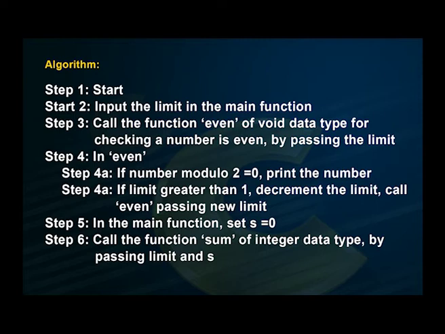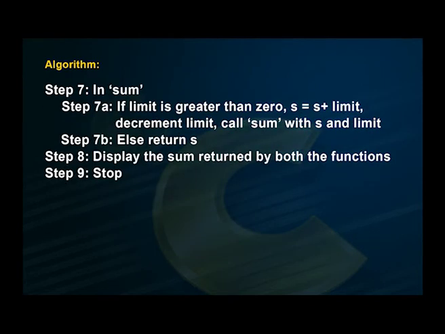Step 5, the main function sets s equal to 0. Step 6, call the function sum of integer data type by passing limit and s. Step 7, in sum, step 7a, if limit is greater than 0, s is equal to s plus limit, decrement limit, then call sum with s and limit.